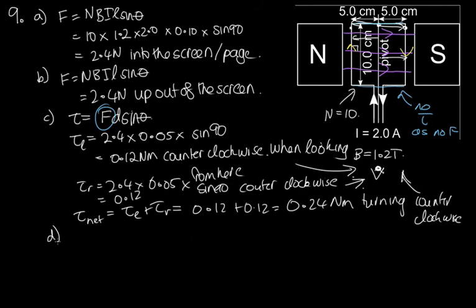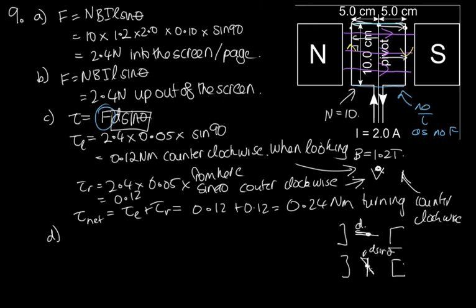Okay, now part D. Will the size of the torque change with time? If so, describe this change. Well, when we start off, when we're looking at it from this end, it looks something like this, and this is our d here. But after a little while, it has become like this. Now, this d sine theta part of it is actually this distance here, so d sine theta.